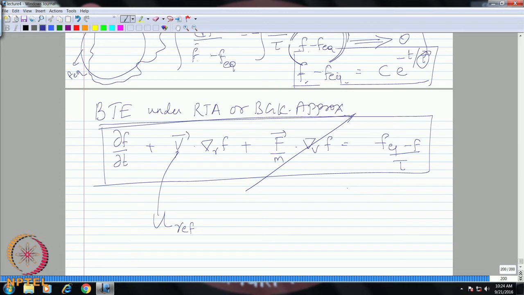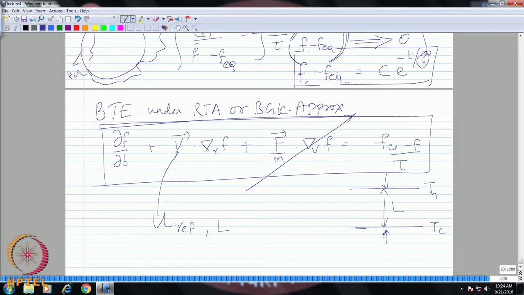For example, if you are talking about something like heat transport between two plates. So, plate 1 maintained at a higher temperature Th, plate 2 maintained at lower temperature Tc. So, you are talking about the length scale, which is the separation distance between the two plates, which could be capital L. So, therefore, you can use L to non-dimensionalize.